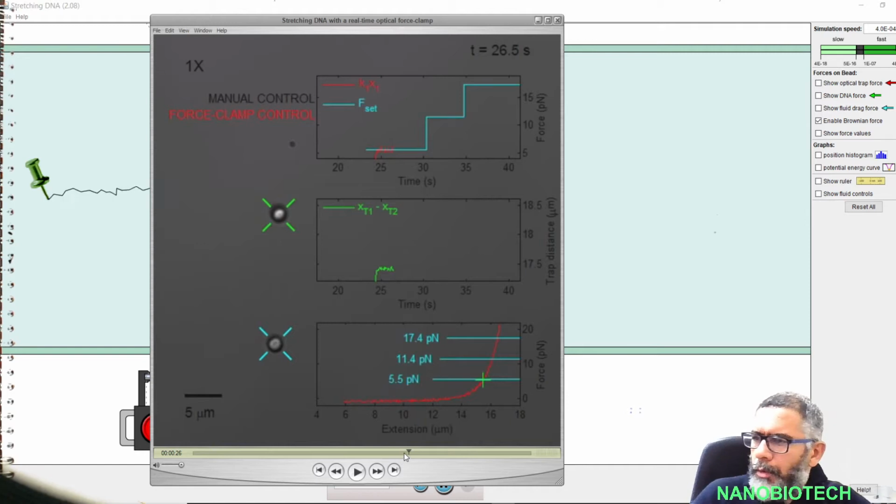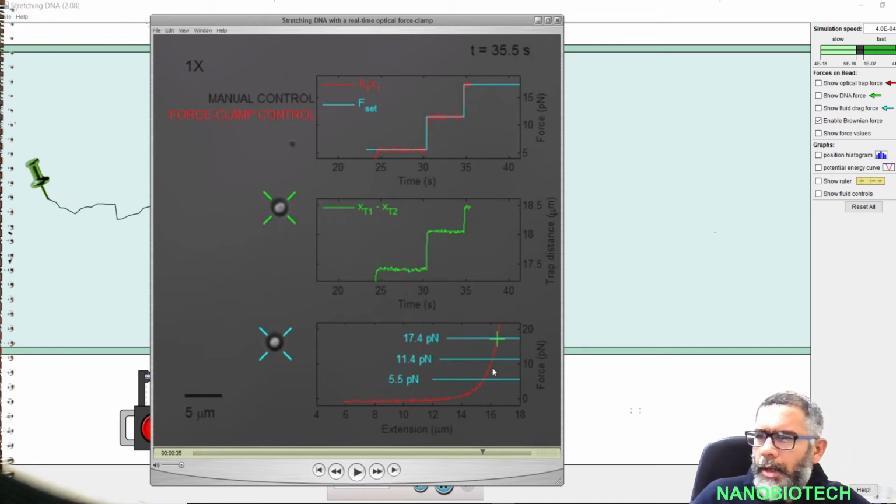As he moves further to another location, the force goes to 11.14 piconewtons, and he does it further and further. Eventually, the force he measures is 17.4 piconewtons.